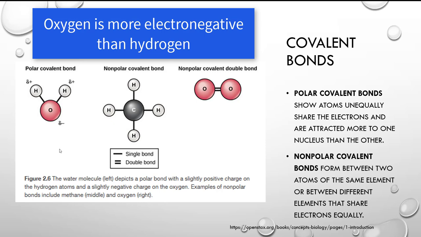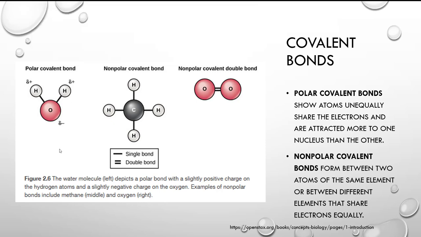You don't really need to memorize which is more electronegative than the other. This is not a chemistry class. But just know that oxygen has a higher electronegativity than hydrogen. I believe oxygen's electronegativity is 3.5, whereas hydrogen's is like 2.1, something like that.